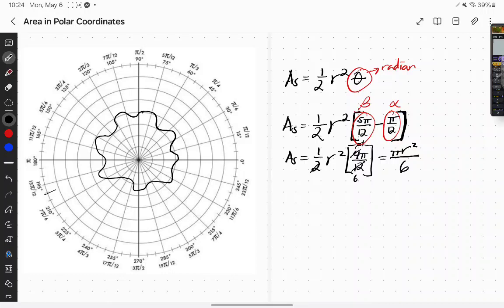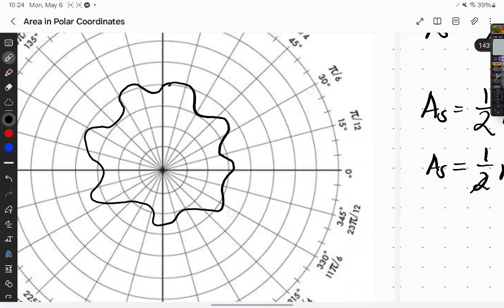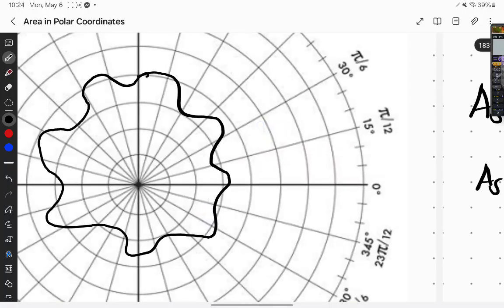One way to solve for that is to approximate. We can approximate the area of the curve by using the area of a sector.